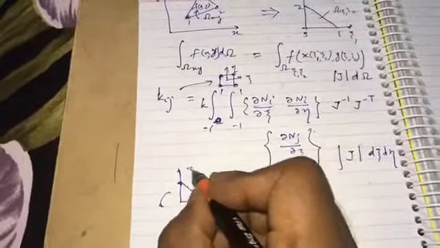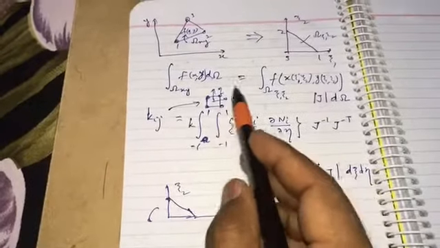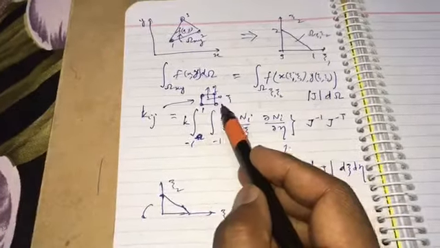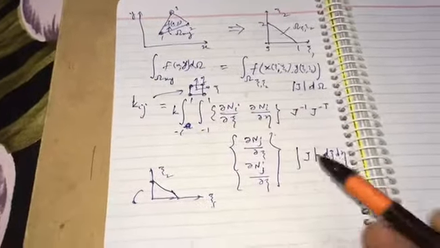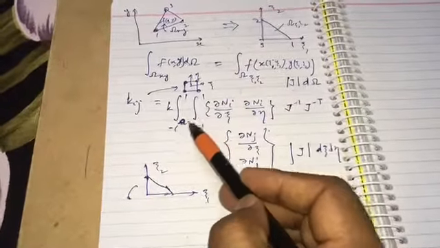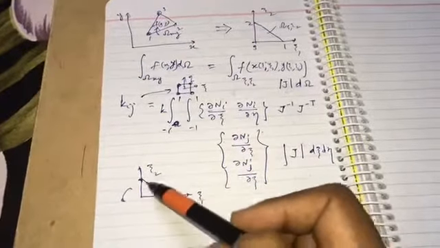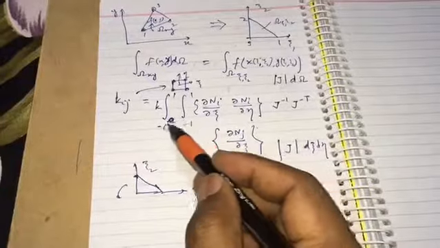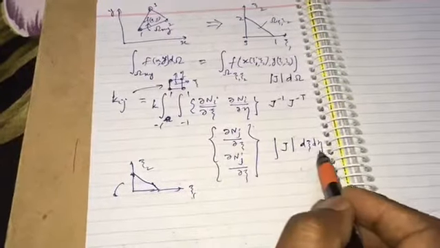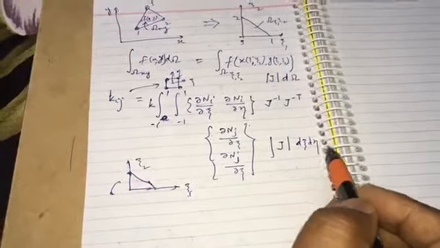We have xi1 xi2 instead of xi and eta; that is one difference. Second, we cannot separate the integral because we don't have parallel sides, so we will integrate over a small area dA instead.